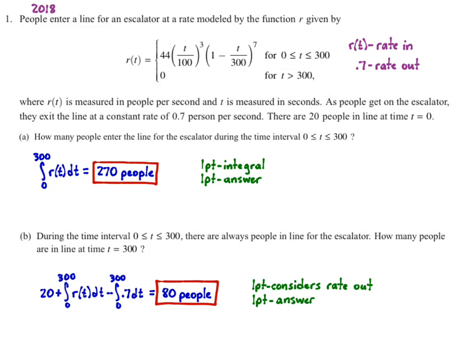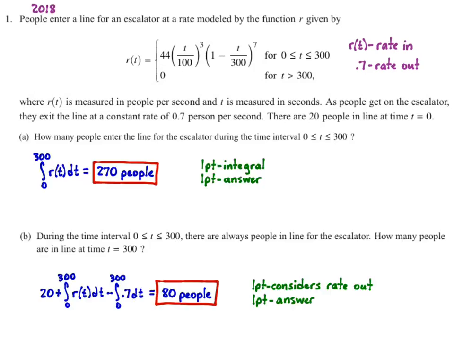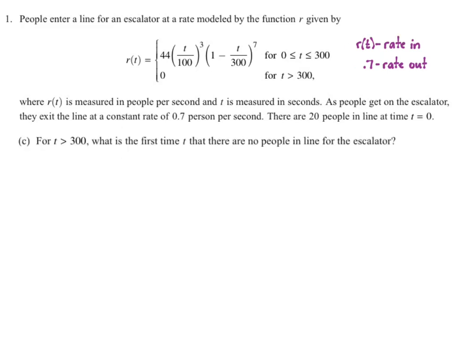So what I'm going to do in this problem in part C is use a different initial condition. Instead of using an initial condition of 20 when t equals 0, I'm going to use the initial condition of 80 people when t equals 300. So when t equals 300, we started with 80 people.